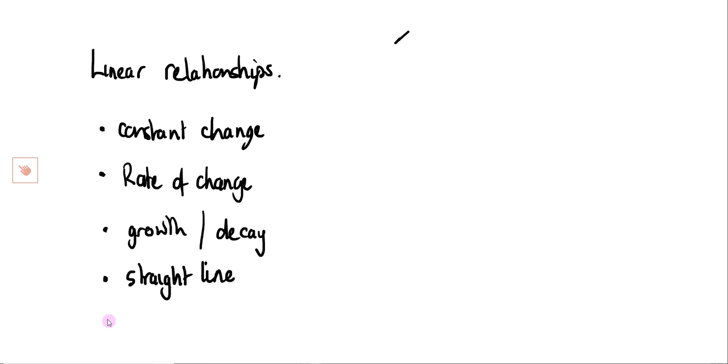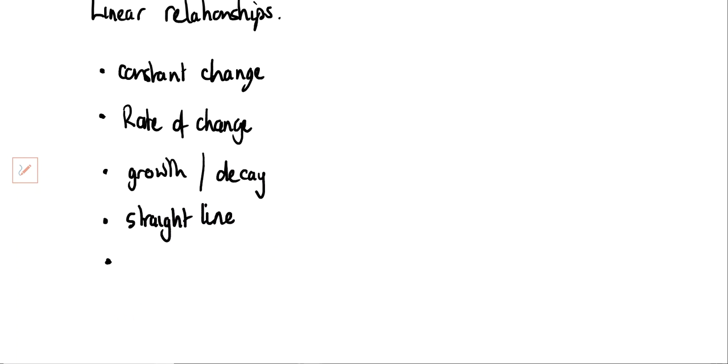Okay? How can I see the rate of change from the straight line? What's it called? Not yet. Gradient. The gradient of the line gives me the rate of change. All right? The gradient. What's another word for gradient? Charlie? Slope. Yeah.